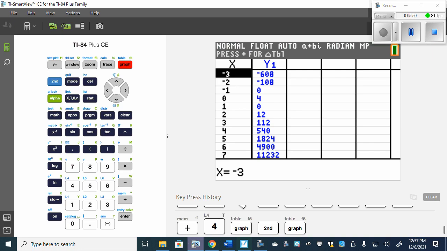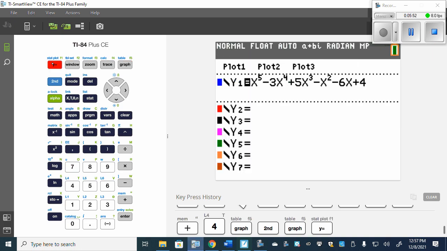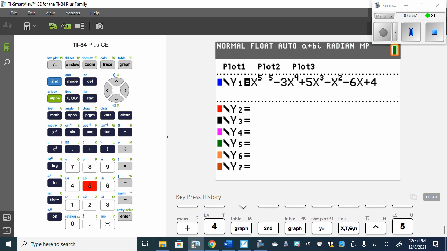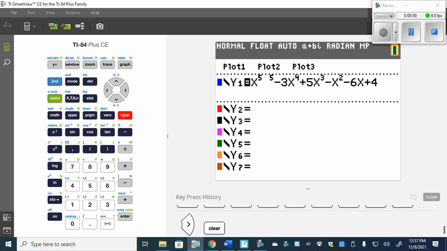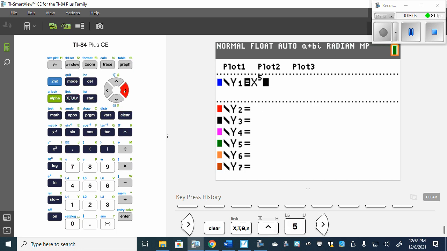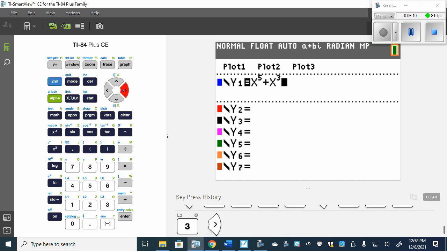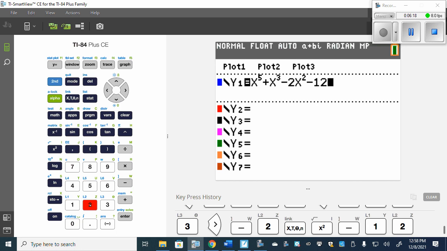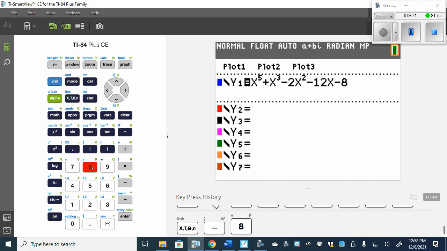So we could pull up the graphing calculator and hit y equals. And we can type this in: x to the 5th, so I'll clear that out, x to the 5th plus x to the 3rd minus 2x squared minus 12x minus 8.